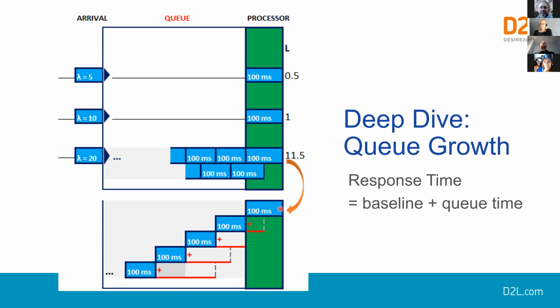For the first request, which is processed right away, it takes 100 milliseconds to complete. Therefore, the second request will have to wait 50 milliseconds and then is processed within the baseline processing time. So for the second request, the total processing time is 100 milliseconds processing time plus 50 milliseconds queuing time, which is ending up to a total response time of 150 milliseconds.